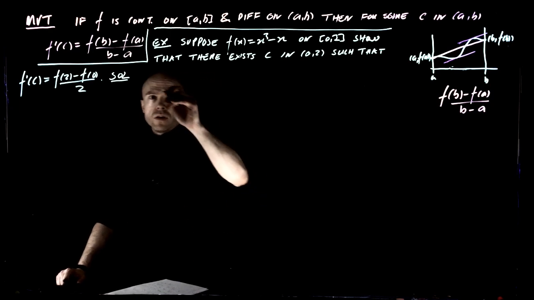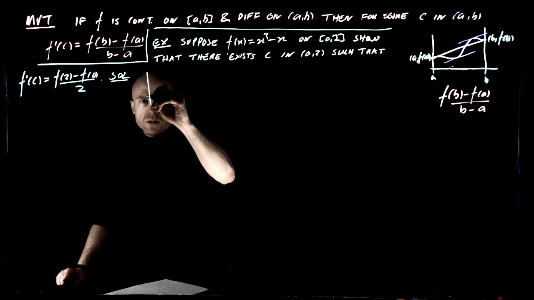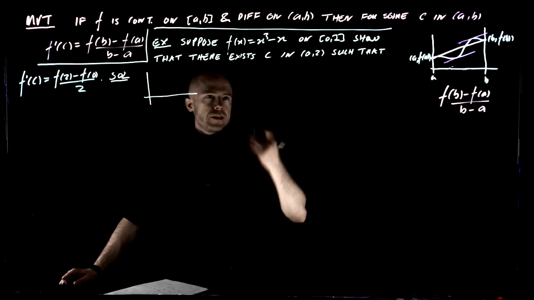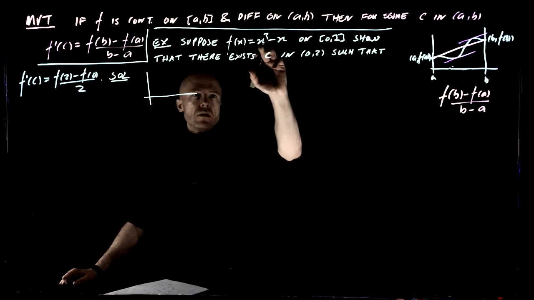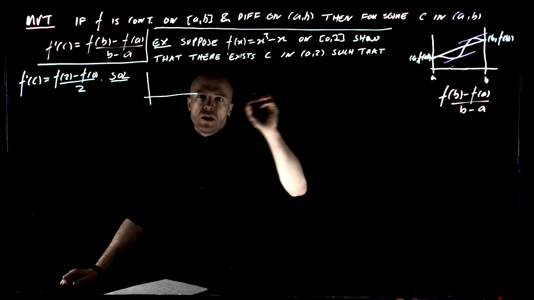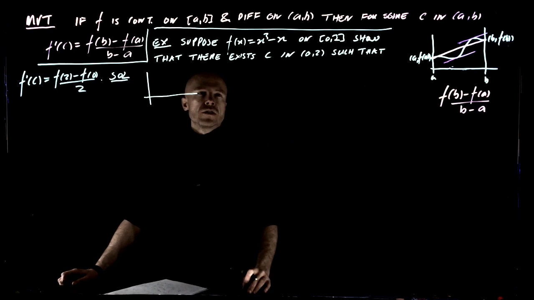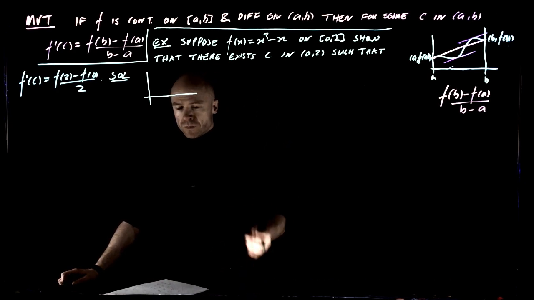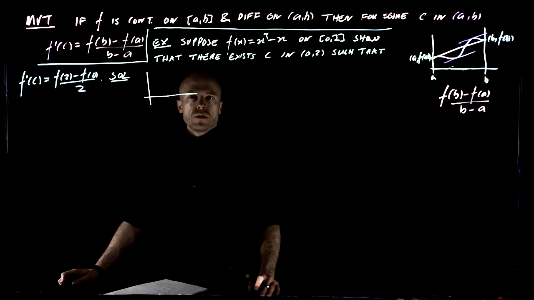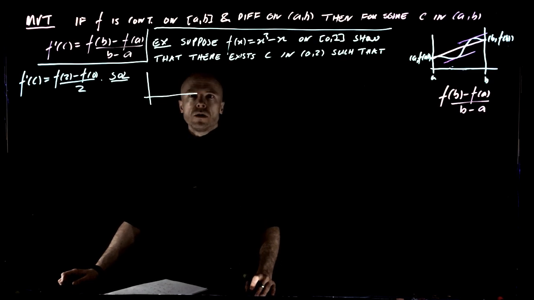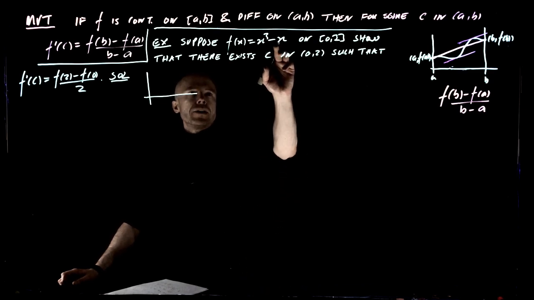So let's try and visualize this function a little bit. It's not strictly necessary, but it's always nice to have some idea what we're doing. For very small x, x cubed is going to be smaller than x, so the function is going to start by going down. If you take x as a quarter, a quarter to the power 3 is 1 over 64, and that's a lot smaller than a quarter.